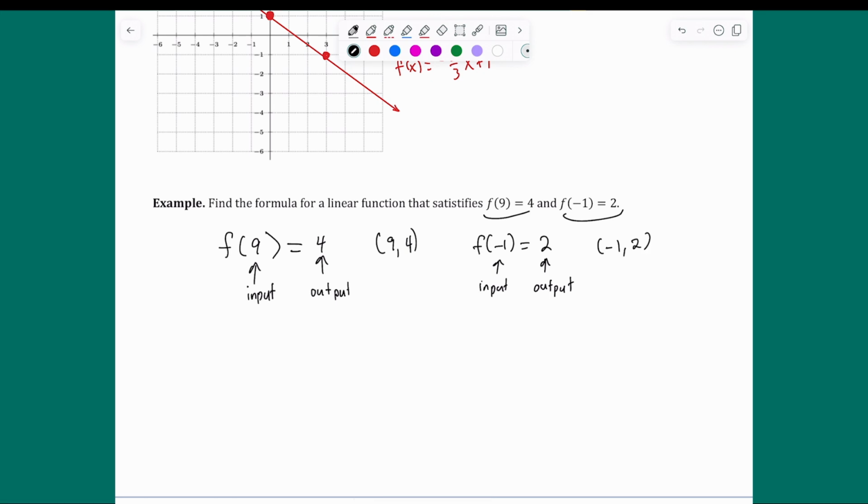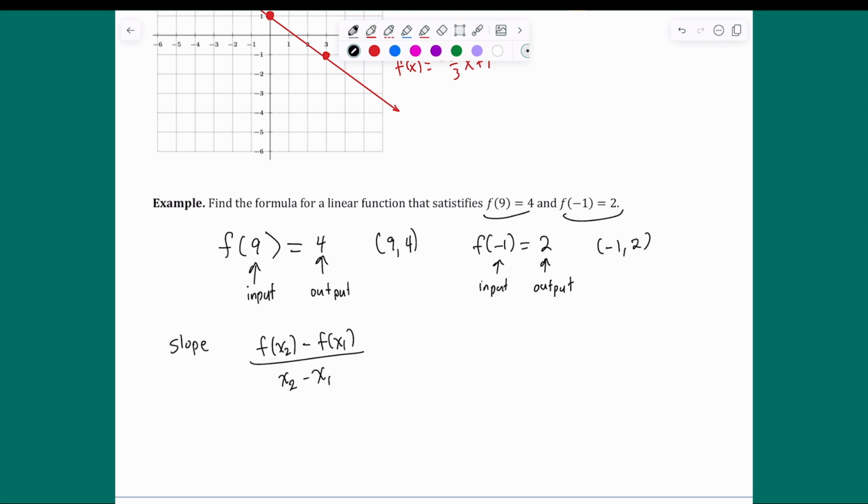So we have two ordered pairs, and we know a linear function is just a line, y equals mx plus b. We can find the slope of a line using our definition above, the rate of change, f of x2 minus f of x1 all over x2 minus x1.